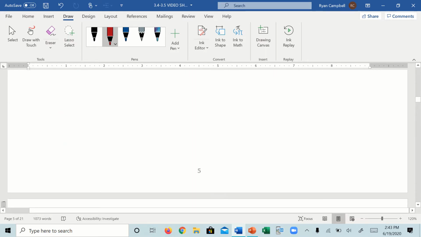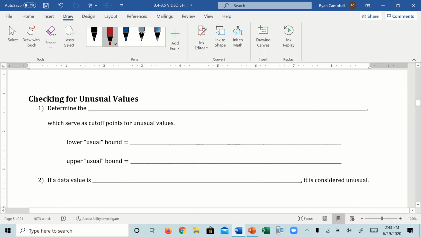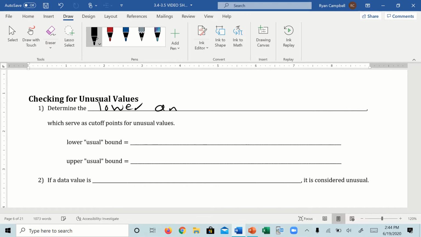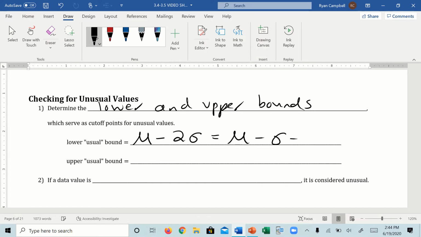To check for unusual values, we need to determine the lower bound and the upper bound. The lower bound, we said, is going to be 2 standard deviations below. So that's taking the mean and subtracting 2 standard deviations, or taking the mean, subtract a standard deviation, subtract a standard deviation. This is very similar to what we were talking about with the empirical rule.